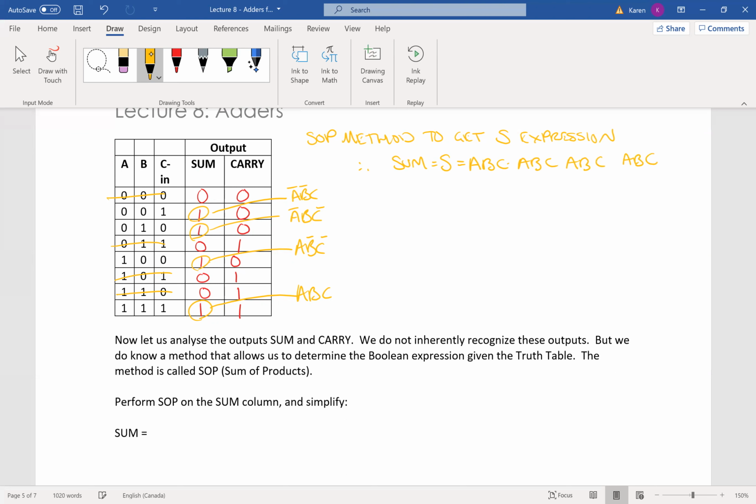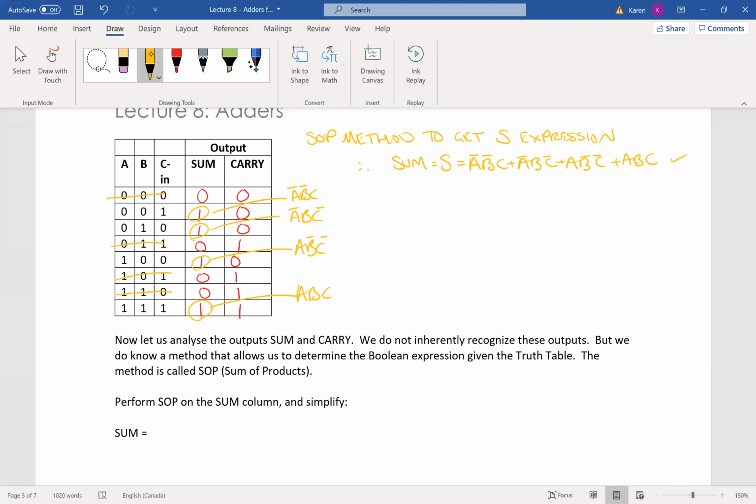I hope I'm not making any mistakes here, but I'll double check after I write it down. Okay, so I'm just going to double check with my notes here and make sure that I'm not making any mistakes. Okay, so this is correct. That is the expression for sum.